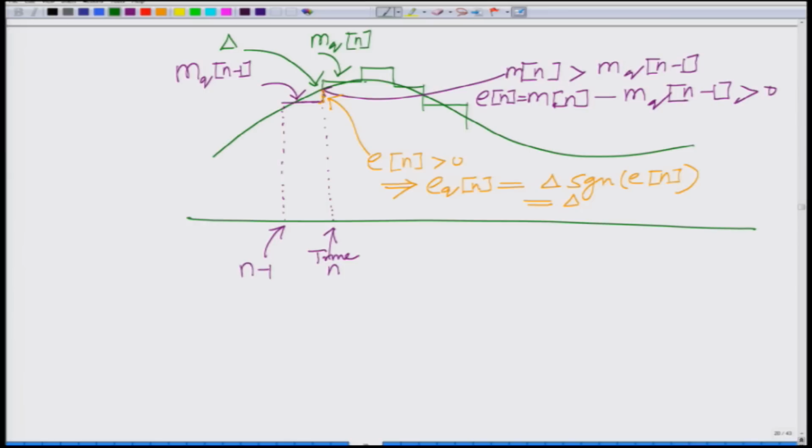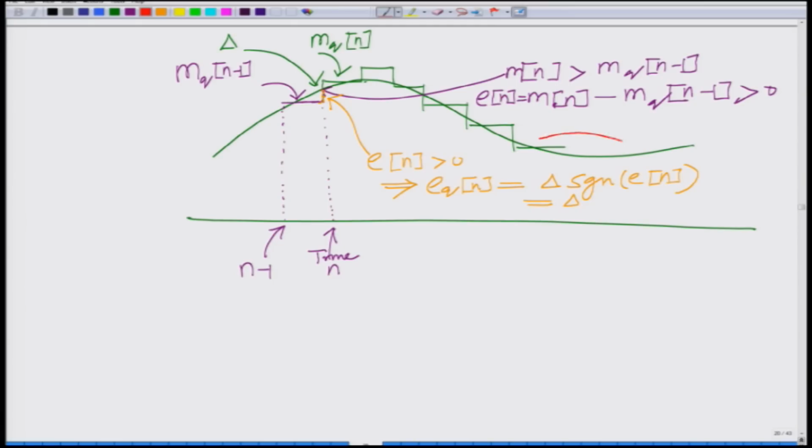We do that at every time instant, and you see we can approximate. Now, obviously, if E n is negative, if the error, that is m of n minus mq n minus 1, is negative, then delta sign E n will be minus delta. So, obviously, the staircase will go down. When it is positive, the staircase will go up.